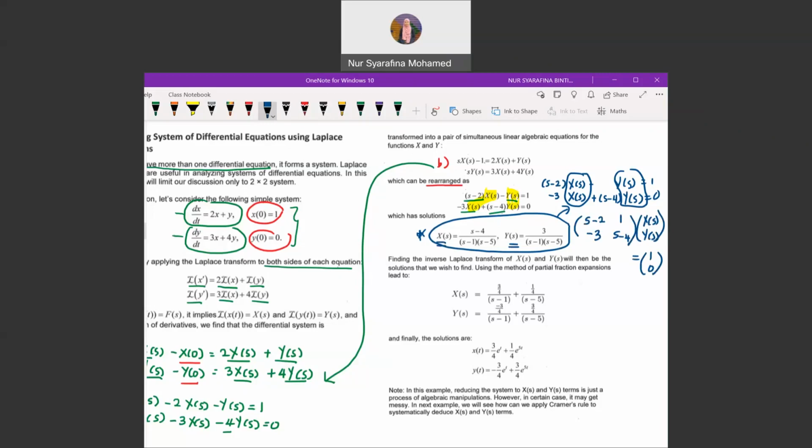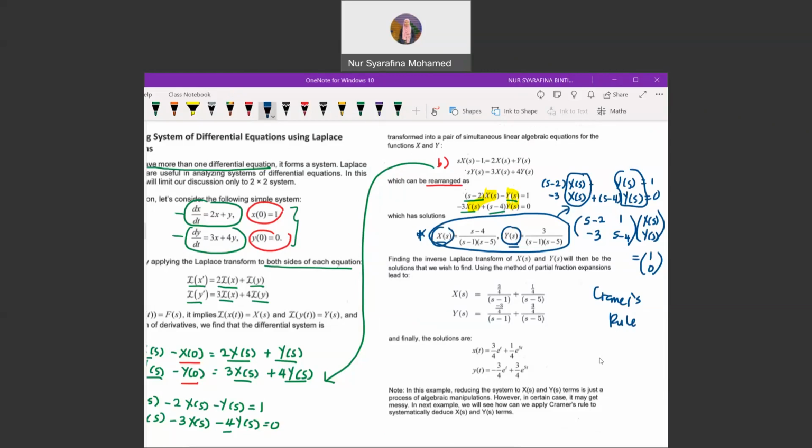The easiest way is to use Cramer's rule.